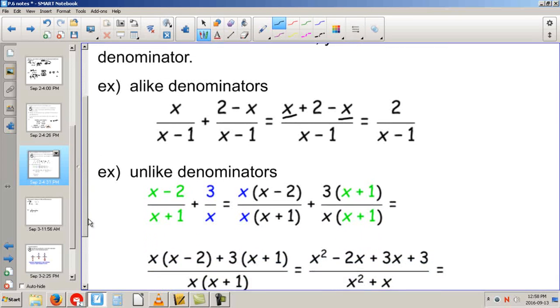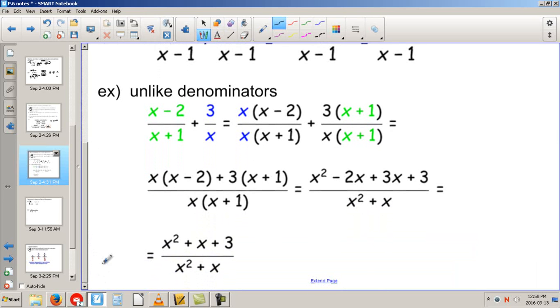If we look at this next example, one problem has x plus 1 as a denominator, the other has x. And what's really important here is you cannot just add 1. The only way to adjust denominators is by multiplication. Think about this: 1/3 plus 1/2.